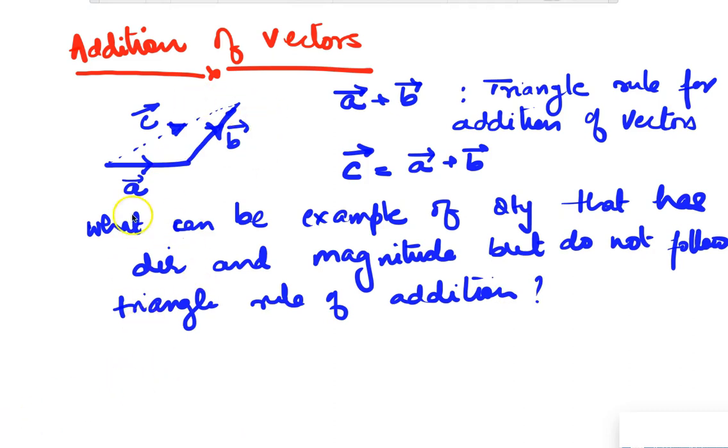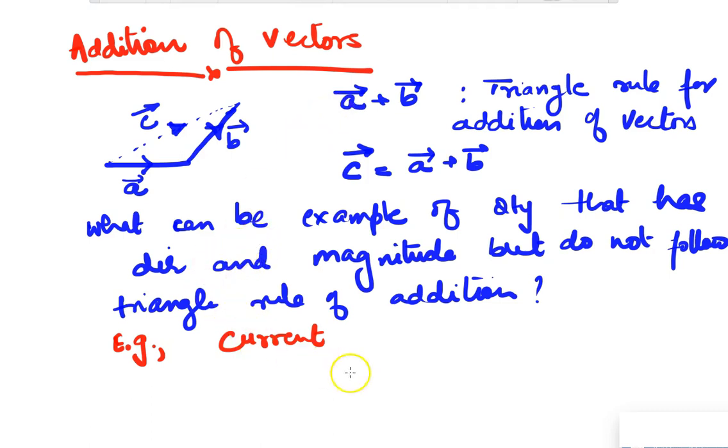Okay, I'll tell you the quantity. So an example is current, right? So in any circuit, current would have a magnitude and it has a direction of flow from high voltage to low voltage. However, it does not follow the triangle rule for addition.